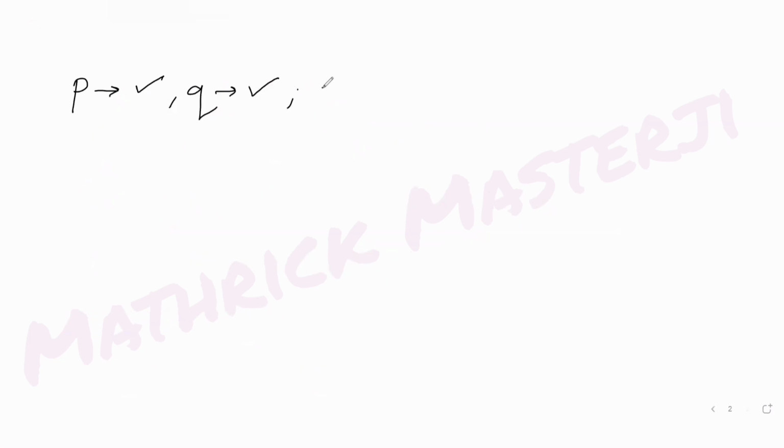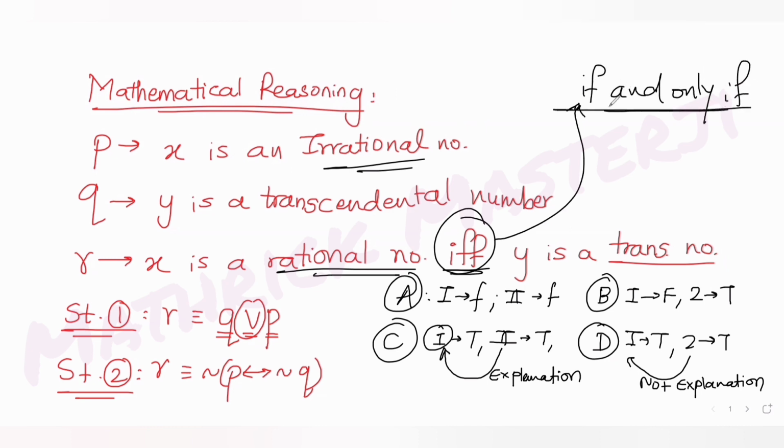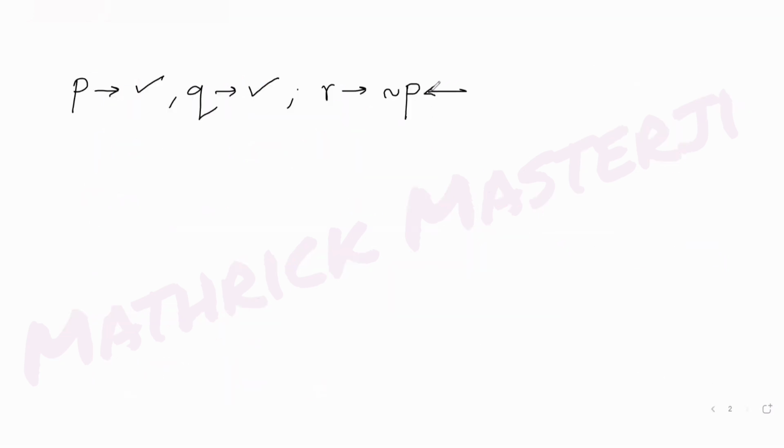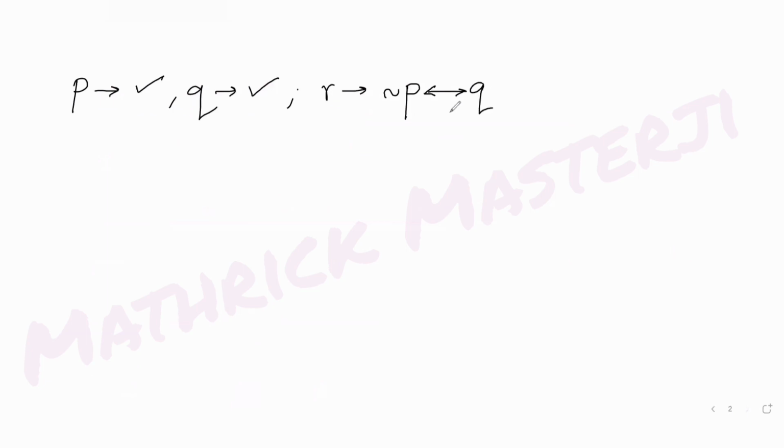So X or R basically becomes negation of P. And it says "if", with double F, which basically means if and only if. When it is given that it is if and only if, that basically means it is double implied. And it's also told to me Y is a transcendental number, so that is Q.